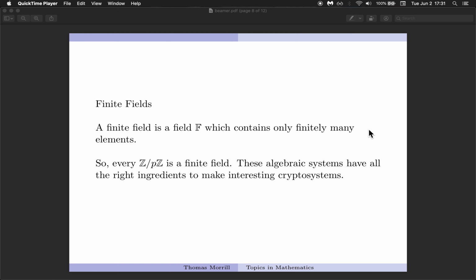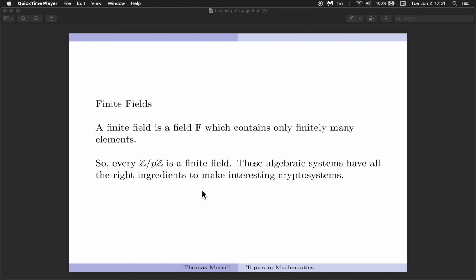Now, every single Z mod PZ is a field, and it only has P number of elements in it. P is a prime number. So every single one of these systems that we've seen in this class is a finite field.